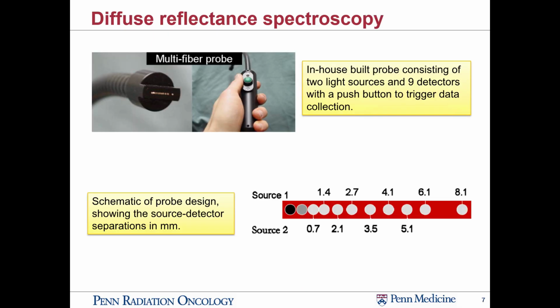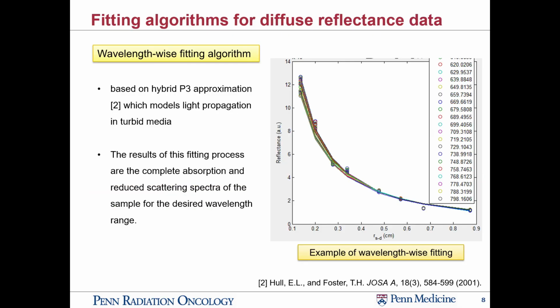And for the contact probe, the way that we use it is using an array of detectors with a single source. In this case, we're using this source 2 as our white light source. And then the detector at different distances in units of millimeters. To determine the signal, and that signal is fitted to a known P3 approximation in a semi-infinite medium, and that allows us to determine the optic property.